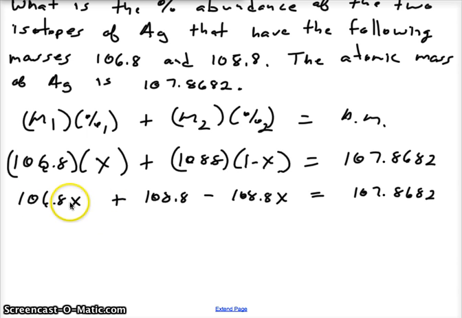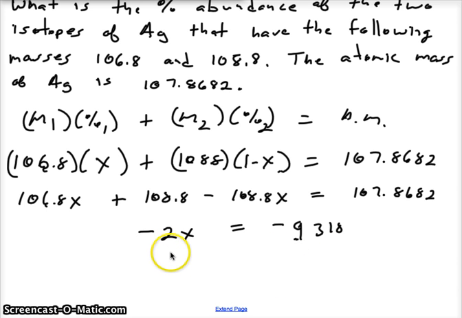Group your like terms: 106.8 and negative 108.8 is negative 2x. And 107.8682 minus 108.8 is negative 0.9318.